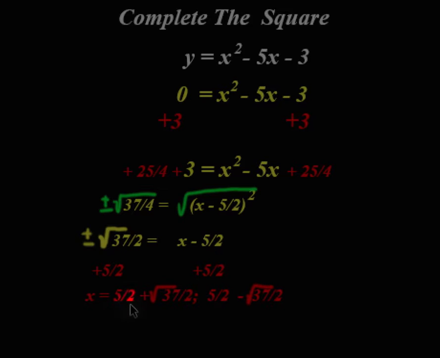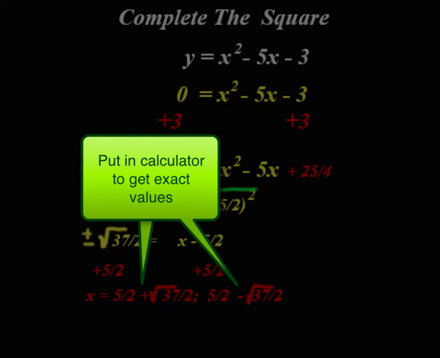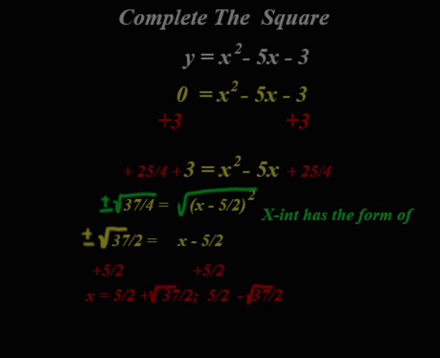So we're going to have x equals 5/2 plus root 37 over 2 and 5/2 minus root 37 over 2. Now, these are x-intercepts, so make sure that your x-intercept has the basic form of some number, comma 0. So whatever this gives you on your calculator, put it in here, comma 0, and then this will be another x-intercept, comma 0.